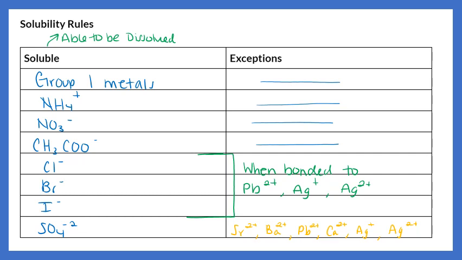Okay, so these are the typical compounds or elements that will dissolve and stay as liquids, but when they are mixed with their exceptions, they will become insoluble. Okay, perfect. Let's move on.